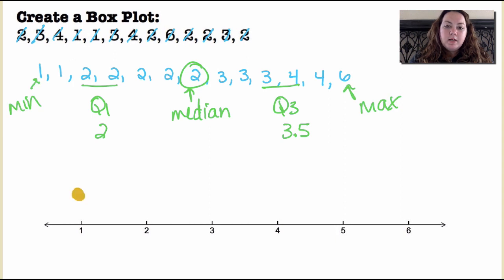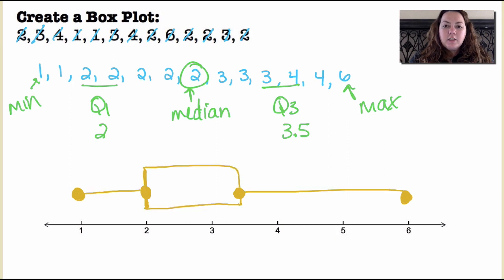All right, so I'm going to put those dots on my number line. My minimum is at 1. My quartile 1 is at 2. Well, my median is also at 2. Quartile 3 is at 3.5. And my maximum is at 6. This looks a little bit strange because I don't have the box and the box, because one box is everything all at 2.